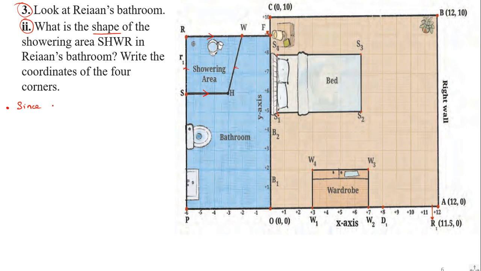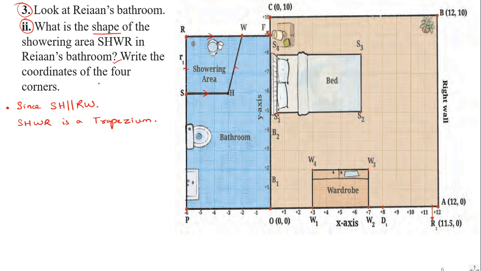Since SH is parallel to RW, SHWR is a trapezium. Now this is done.